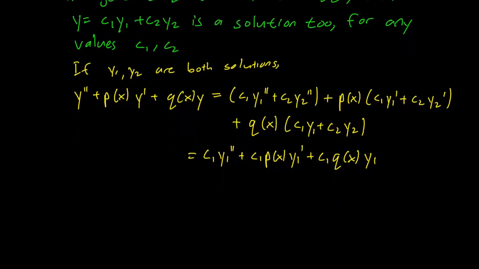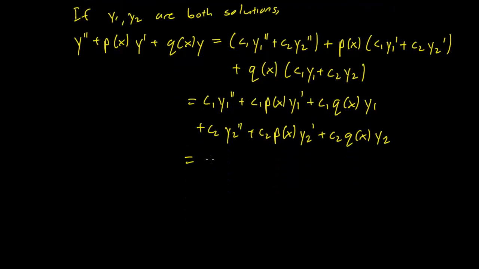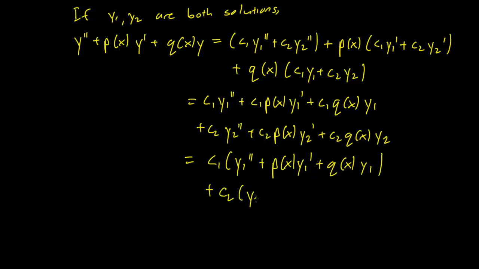Okay, that's the terms with all the 1s in them, and there's also a bunch of terms with just 2s in them: c2 y2 double prime plus c2 p(x) y2 prime plus c2 q(x) y2, and we can factor out the c like so. c1 times (y1 double prime plus p(x) y1 prime plus q(x) y1) plus c2 times (y2 double prime plus p(x) y2 prime plus q(x) y2).